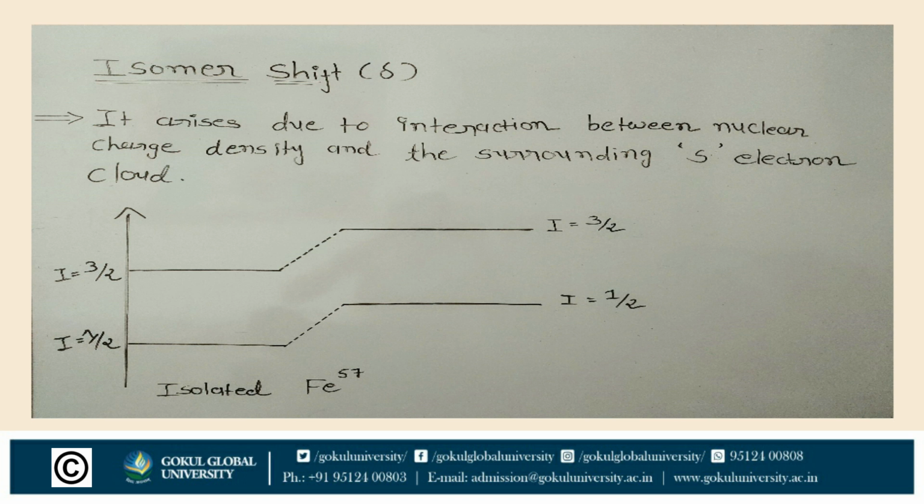They may decrease and they may increase. Here we show it by an increase in the energy values. Its energy value has been increased, so this is called isomer shift. It means it is not a splitting, but a change in position of the energy levels. It is a shifting, so it is called isomer shift, and this is due to the different type of environment in which the iron 57 nucleus is present.